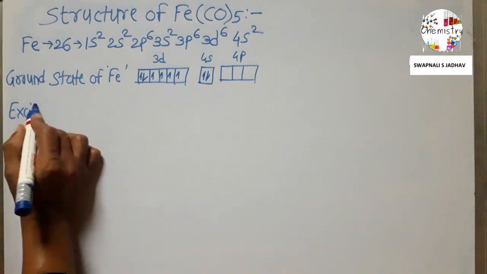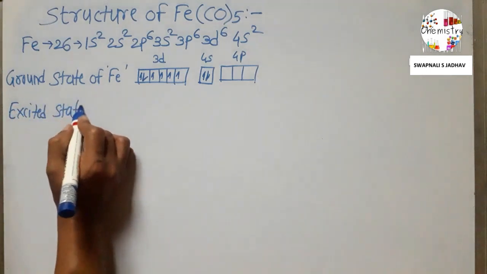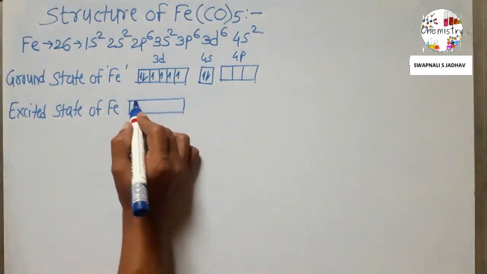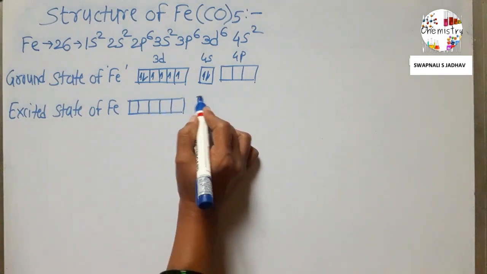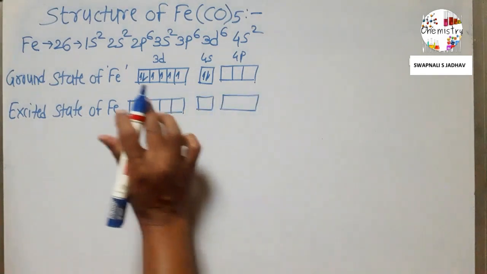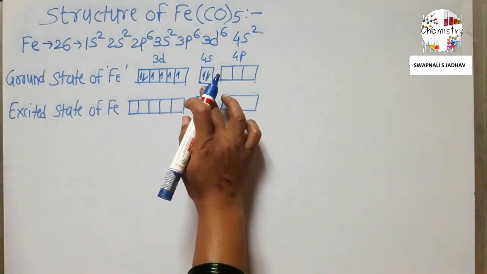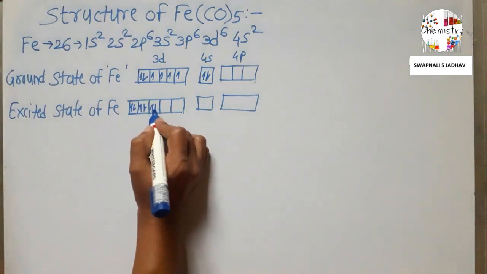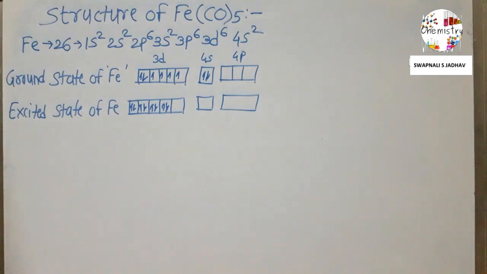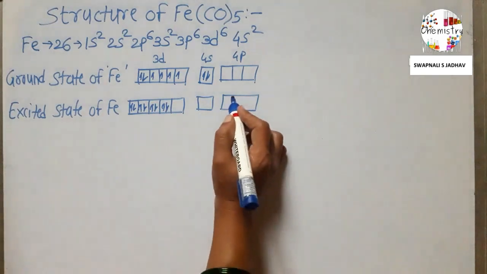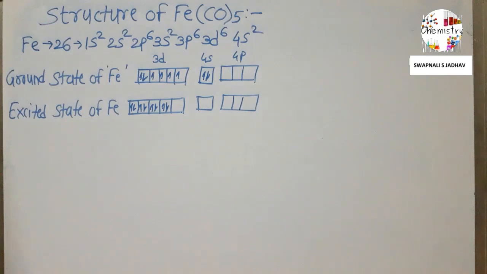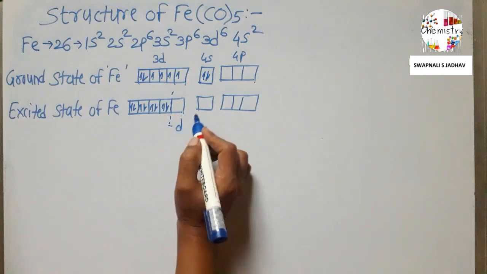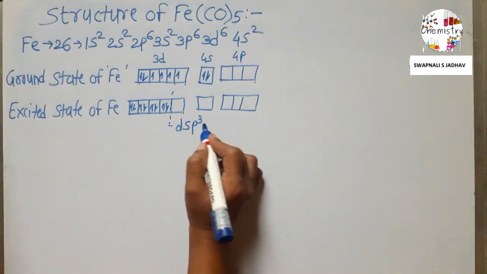So in the excited state of iron, this 6 and that 2, total 8 electrons get paired: 1 2 3 4 5 6 7 8, and one d orbital remains empty. S and p orbitals also remain empty, and it undergoes which hybridization? dsp3.